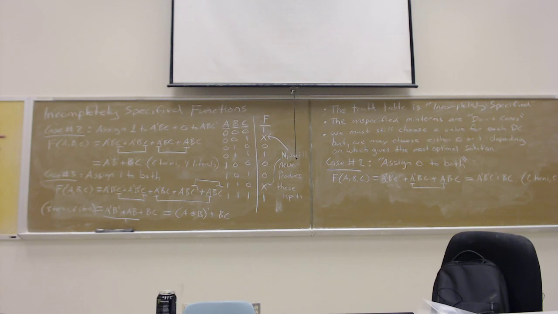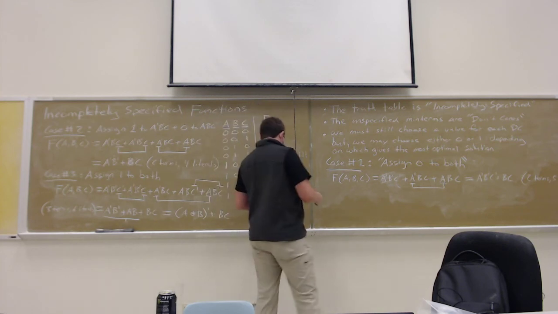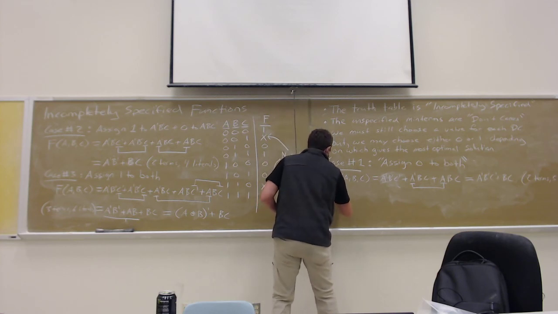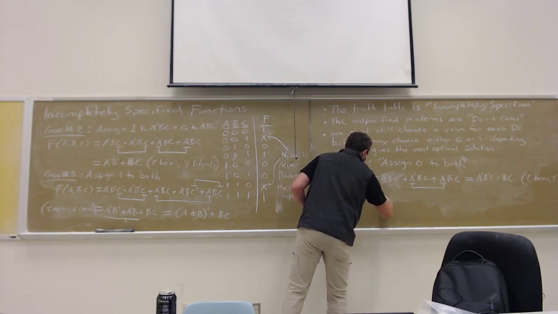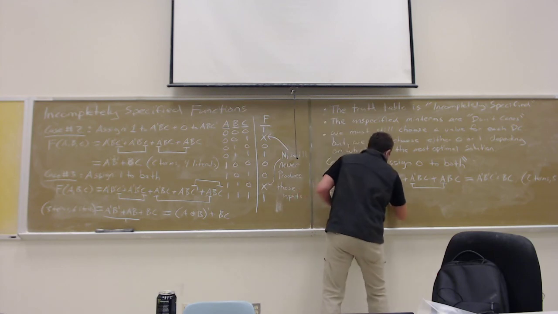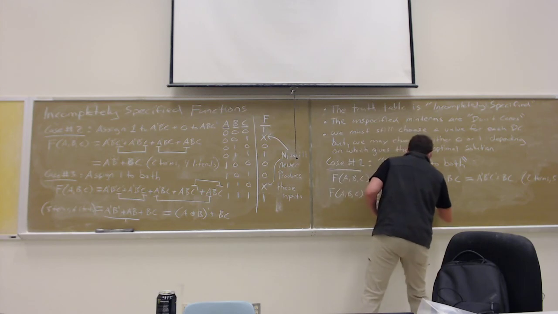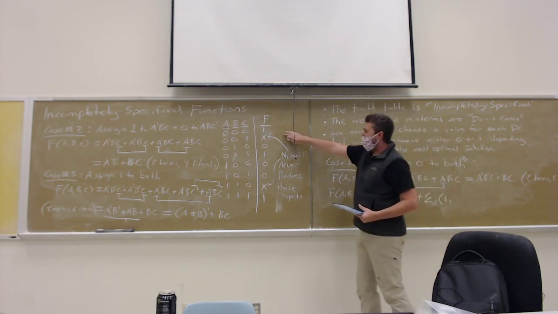One last thing about don't cares, I'll write it down over here. Don't cares can be represented in either the minterm or the maxterm expansion. So for this expression, F, we can say that F as a function of A, B, and C is equal to the sum of minterms 0, 3, and 7, or the sum of, they're all lowercase d, sum of don't cares 1 and 6.